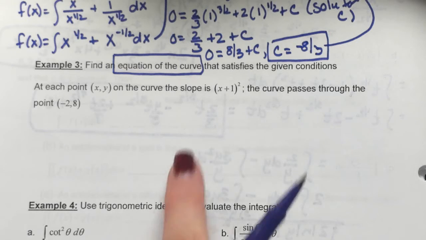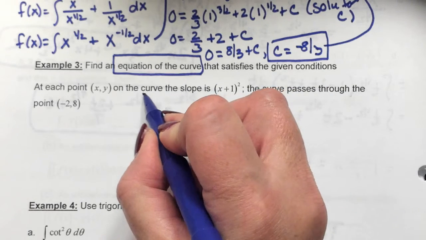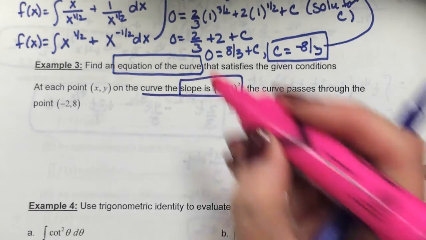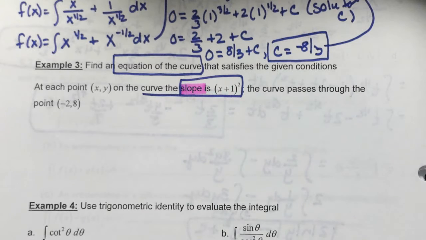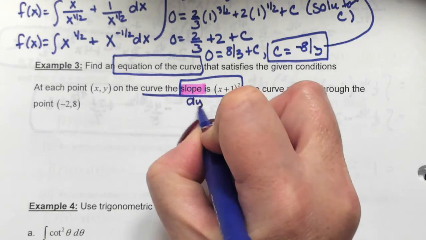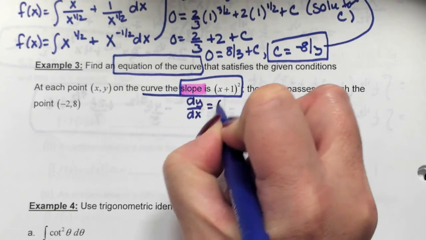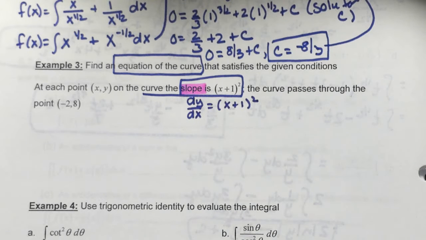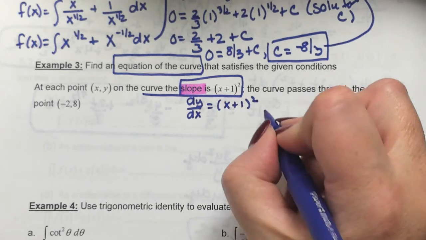At each point x, y on the curve, the slope is... Well, what is slope? Slope is simply your what? Represents what function? The derivative. So this is your dy dx. So I know that dy dx has to be equal to x plus 1 squared. So they're giving you the derivative. And we want to ensure that it's going to pass through the point negative 2, 8.